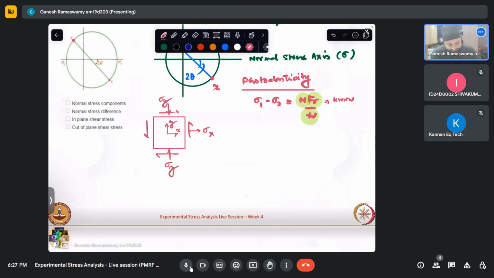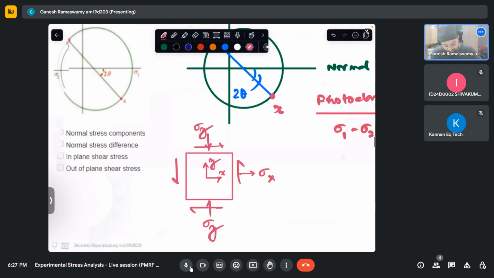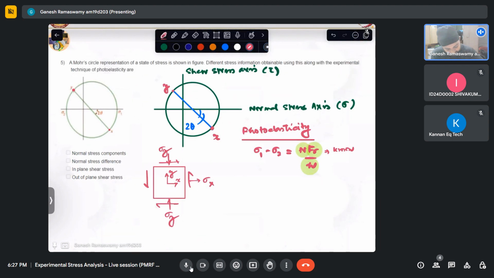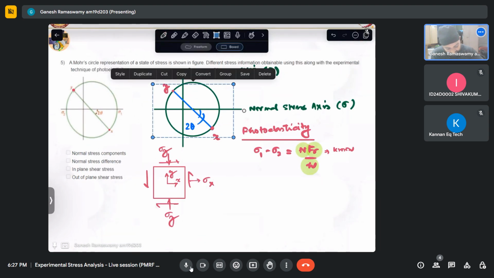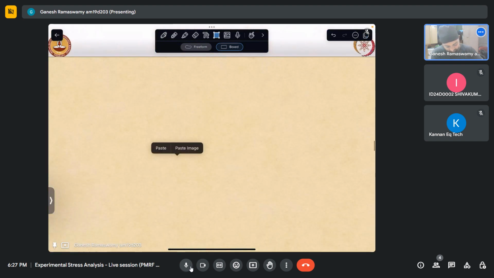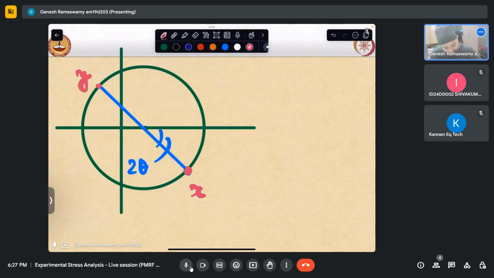Now what can be obtained from this? So let us look at the Mohr circle again. And let me take a copy of this. Okay. So here, this is sigma 1. We know that. This is sigma 2.